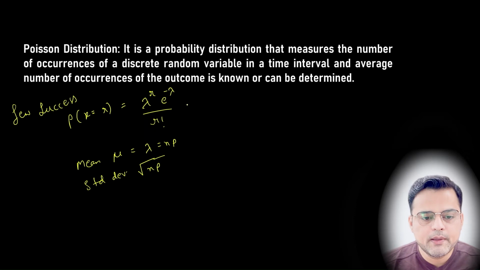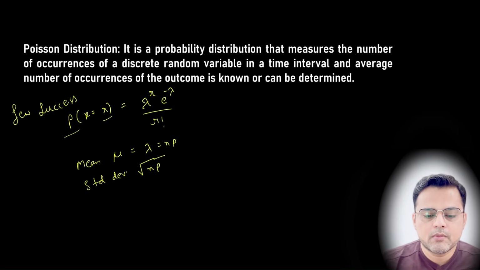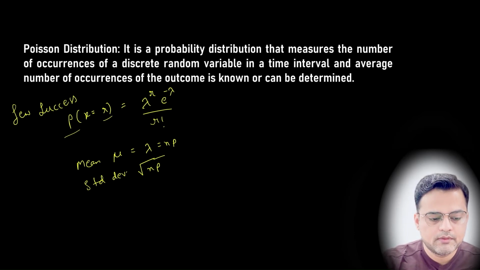If the probability p of occurrence of an outcome of interest r in each trial is very small, so that's what we have discussed. In Poisson distribution, the probability of occurrence of an event is very small compared to the number of events. So let's see that with an example.